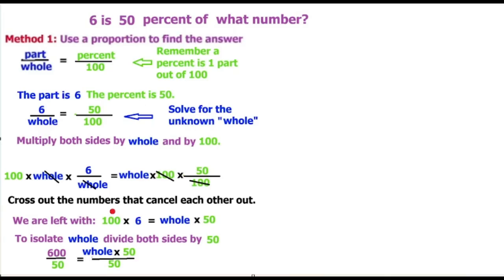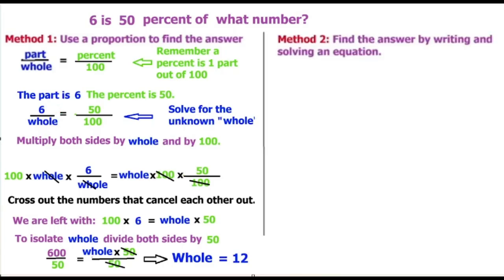Divide by 50 here and divide by 50 here. And we're going to cancel those 50s just like that. And then we're left with whole equals 12. So this is the number we're looking for. 6 is 50% of 12. That's the answer.